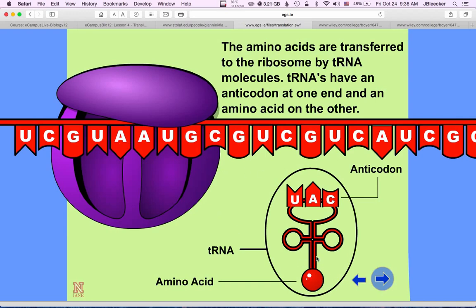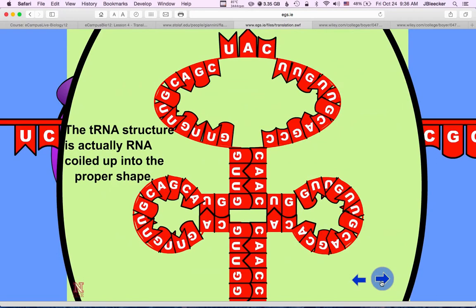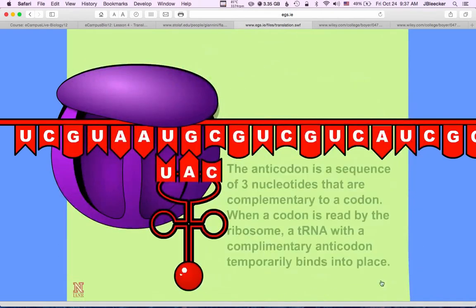And it's also designed specifically only to bind with certain amino acids. So these transfer RNA molecules are a little different. Depending on their anticodon, they'll only carry a specific amino acid. Okay, so there's 20 amino acids that are going to pair up with these codons. Nice visual of the transfer RNA molecule. You have genes to produce these in your DNA. It's pretty amazing.